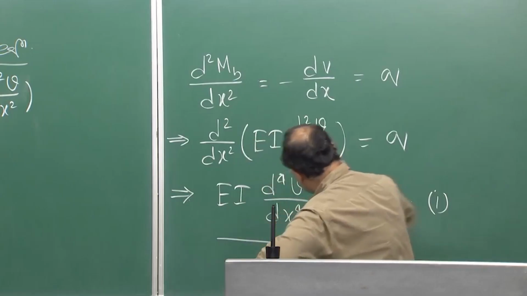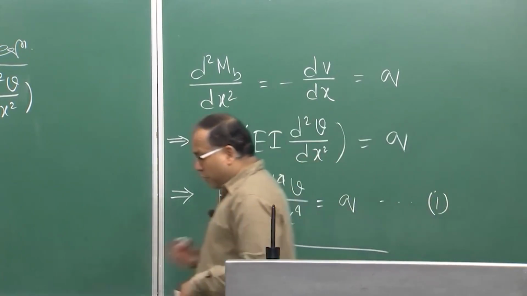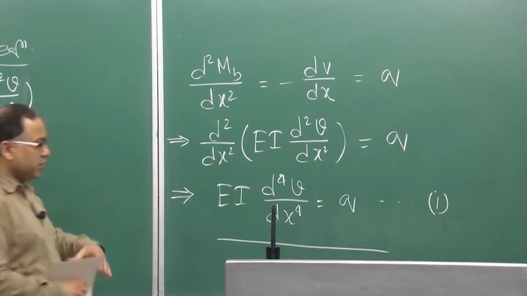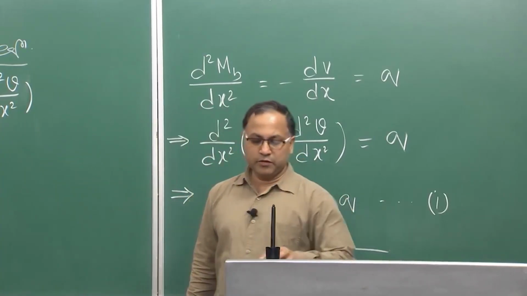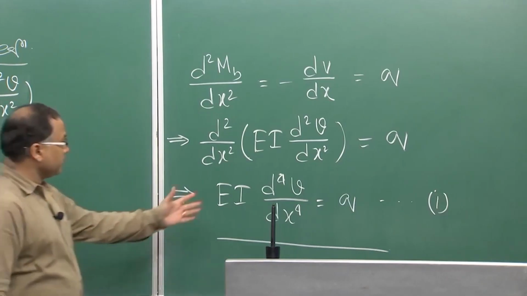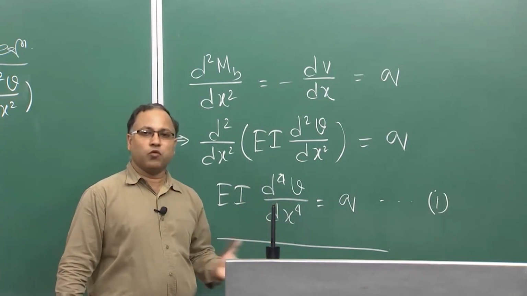Now, if you look at this equation and want to solve it, from mathematics you know you need four integration constants, because to find v you have to perform integration four times.